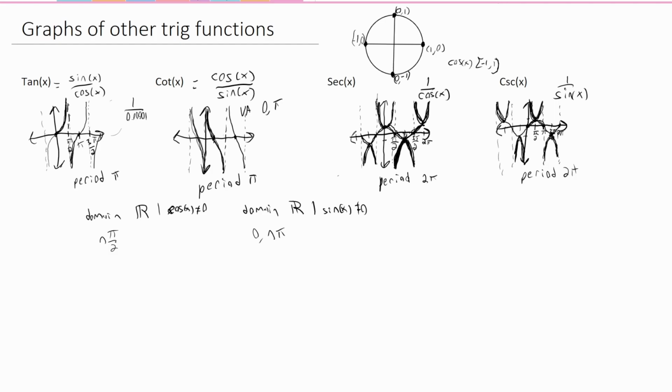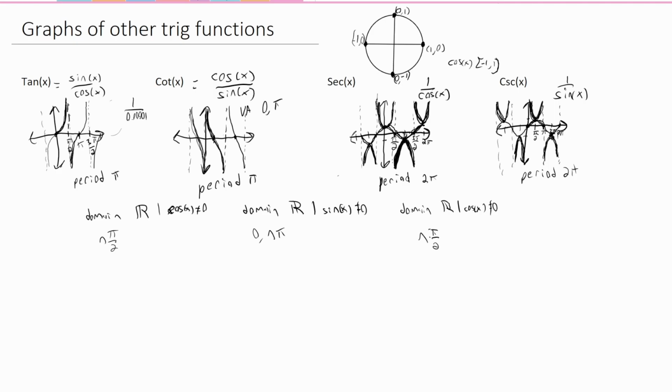Similarly, secant and cosecant are going to follow the exact same patterns because for secant we're dividing by cosine of x. Our domain is going to be all reals such that cosine of x cannot equal 0. And so that's going to be multiples of pi over 2, n times pi over 2.